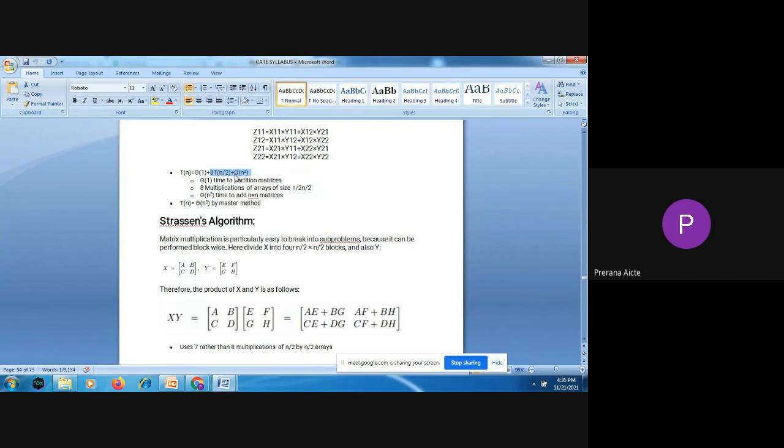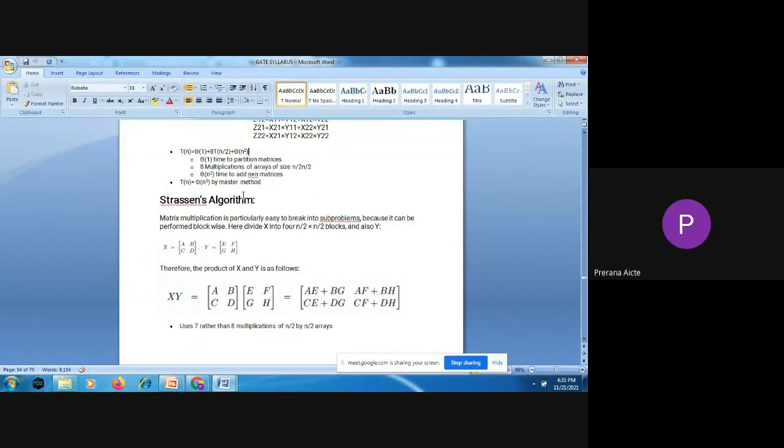So 8 into t of n by 2 plus n square means for multiplication, for addition you are going to have 8 multiplications and plus we are going to have 4 additions. So for addition of 2 matrices, we are going to have time complexity of n square as we are going to have 2 for loops in that matrix addition program. So మనకి ఇక్కడ 8 into t of n by 2 plus n square.